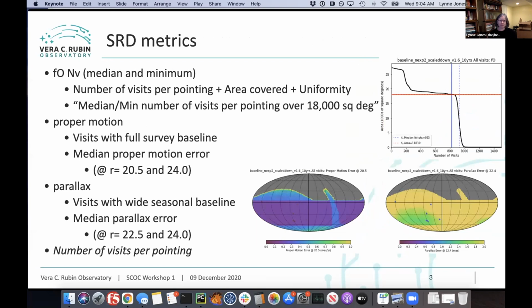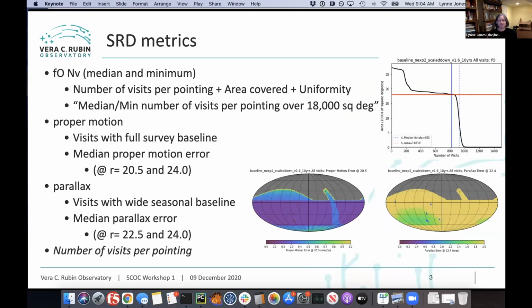First we have the SRD metrics that we're pulling out for the radar plot, which is not a comprehensive measurement of all of the different science cases, but it does help give you an overview. We just don't have time here to go through everything.